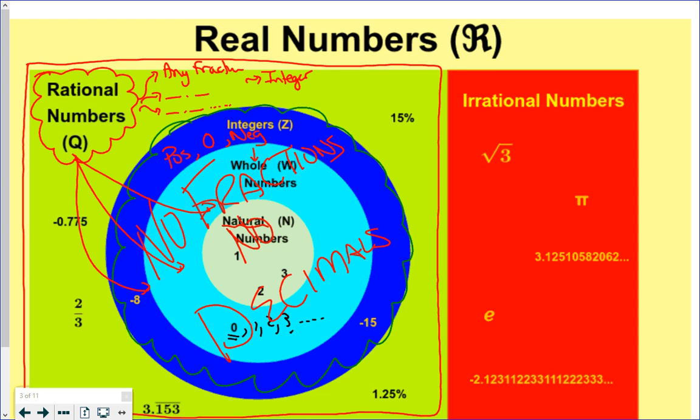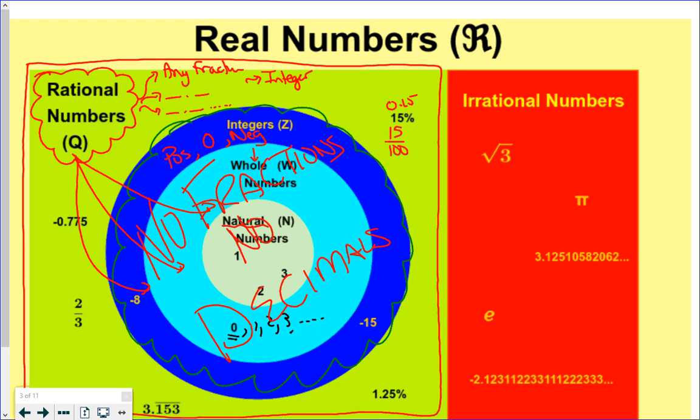Okay, so the reason why integers are considered rational is because let's say the number 5, 5 can be written as 5 over 1, which is a fraction, or it can be written as 5.0, which is a stopping decimal or a terminating decimal. Okay, 15%. 15% can be written as 15 over 100, which is a fraction, so therefore it's a rational, or it can be written as 0.15, which is a terminating decimal.